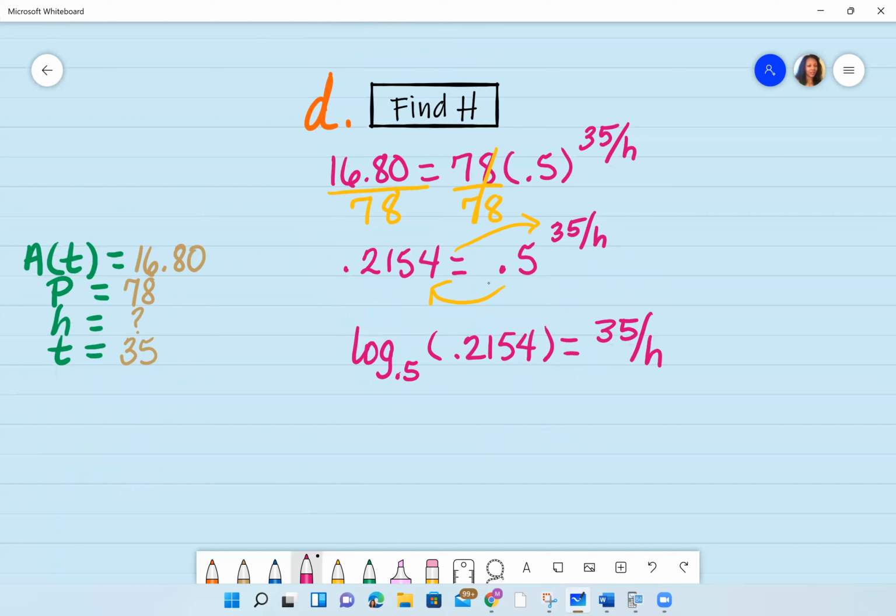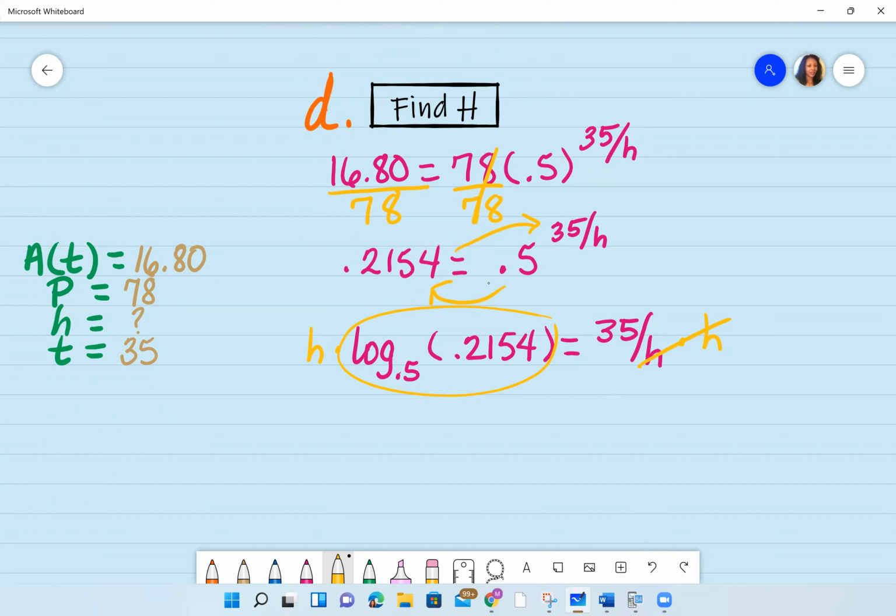What I'm trying to do here is get h by itself. Same thing, there's another way to do it, but I would multiply by h, and that gets rid of that. Now you're going to divide by what's stopping h from being by itself, which is all of this. Basically, we could have just swapped those two out, but I don't want to confuse you, so I'm showing you step by step what to do.